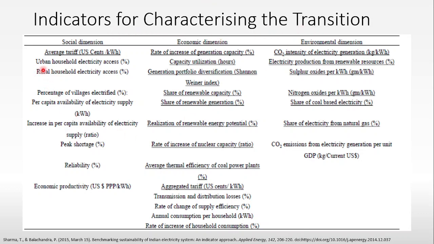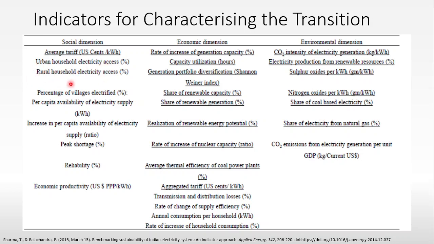For instance, in the social dimension you have this indicator, urban household electricity access in percentage. In 2013 it would have been low, but in 2031 it should be 100%. That is what we want. If, let's say, only 90% of urban households had access in 2013, we need this to be 100%.